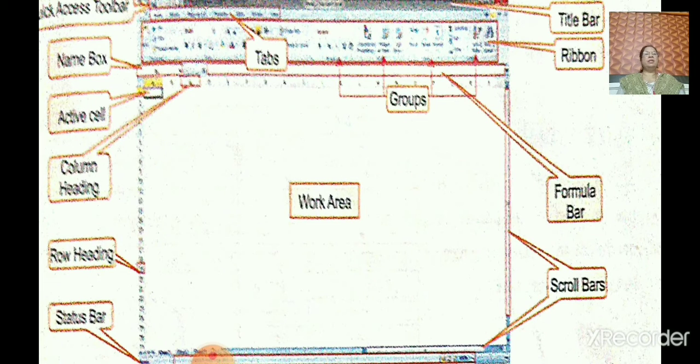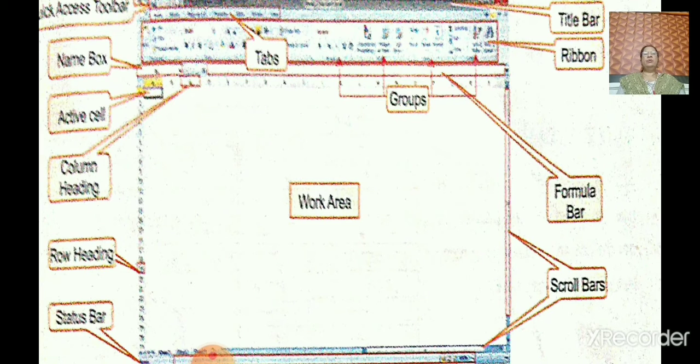When you are calculating, when you are using a formula, the cell address is very important, okay? And in one cell you can enter data up to 32,767 characters. And can you see the name box?